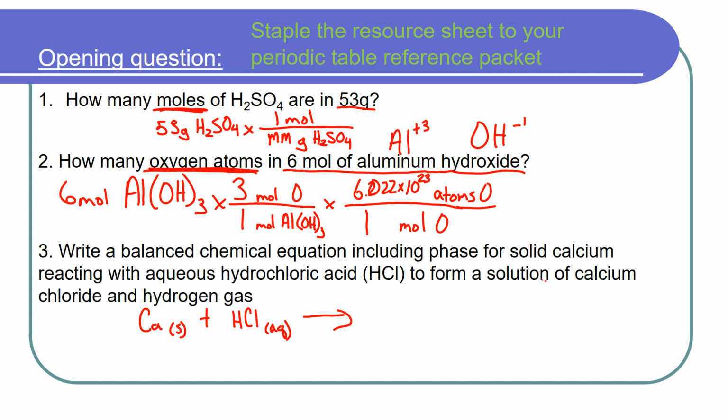Whenever you see solution, that automatically tells us that it's aqueous. So calcium chloride plus hydrogen gas. Then all you would have to go through after that is balance it.